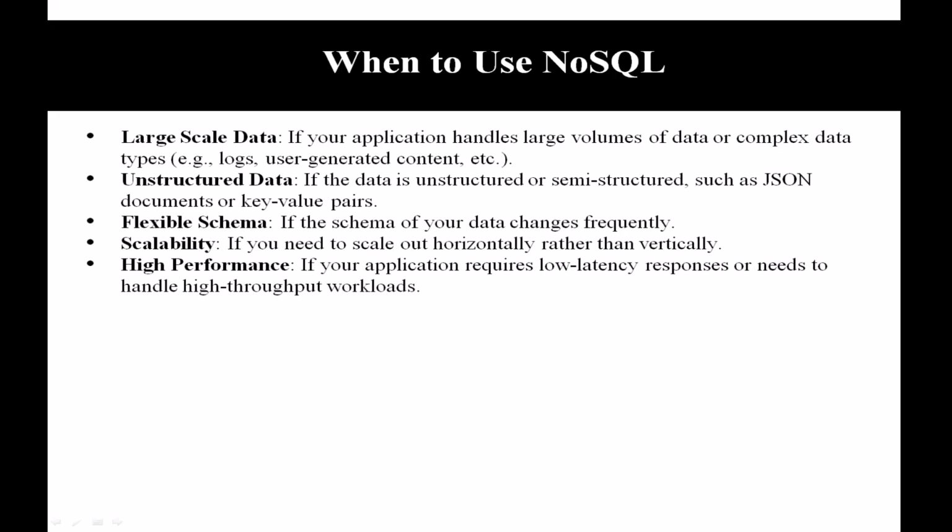Next, unstructured data. If data is unstructured, what do you need to do? You need to make it into a structured format. For example, if data is unstructured or semi-structured, such as JSON documents or key value pairs, it is better to use it. Next, flexible schema.